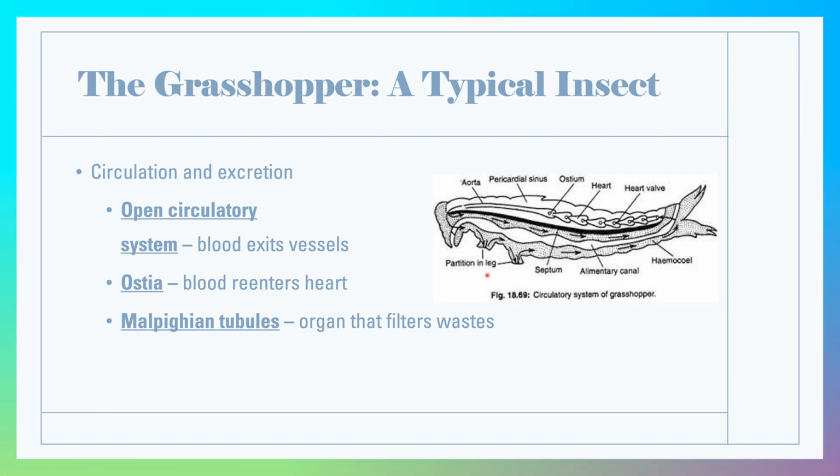The ostium, which is shown here, is the area where blood re-enters the heart, which is here. And then switching over to the excretion system, the excretion occurs in the malpighian tubules, which is an insect word for kidneys.